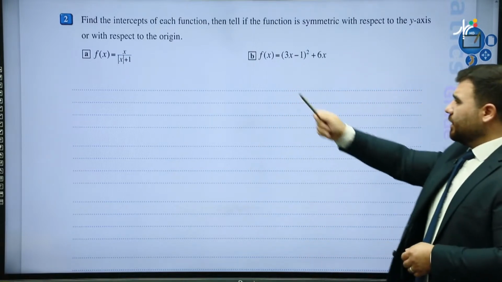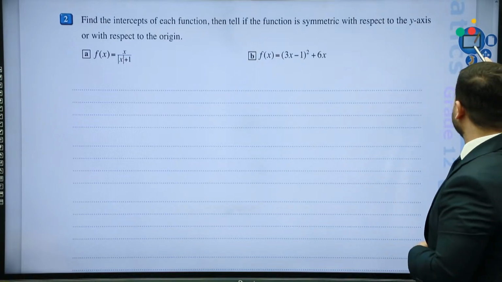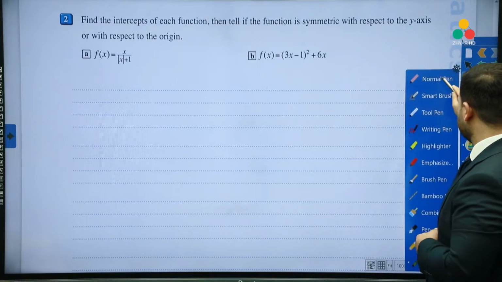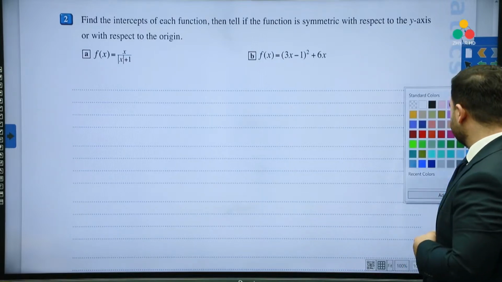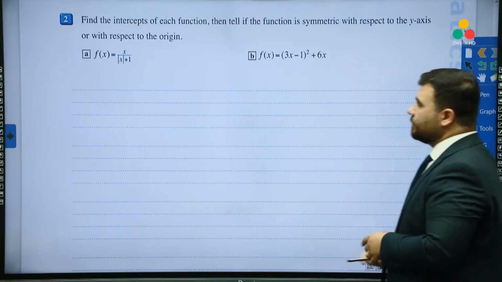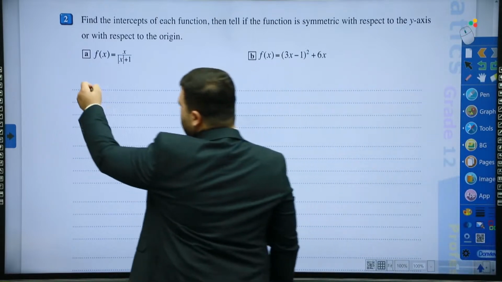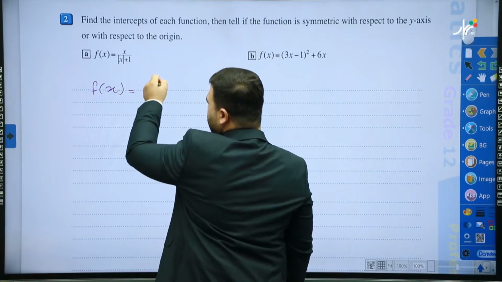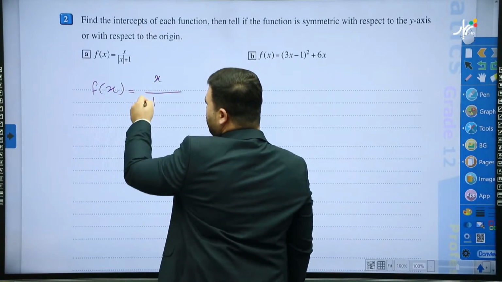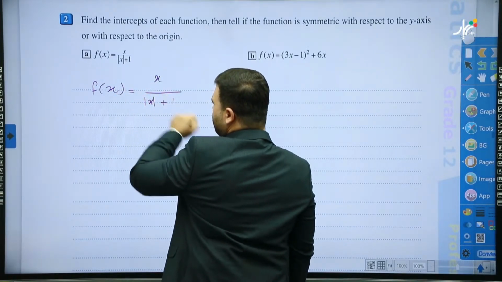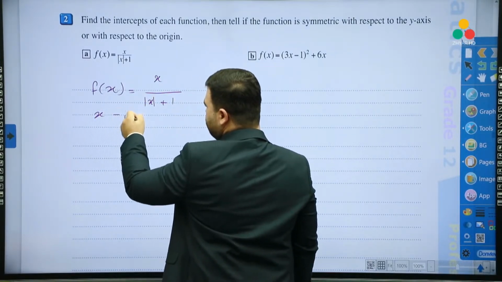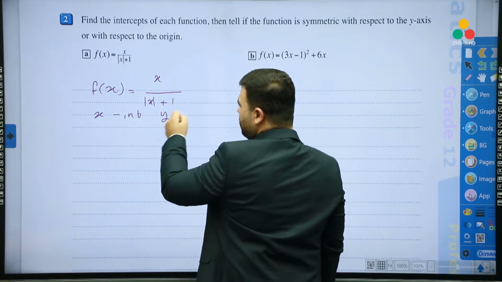Now, let's do part A. f(x) equal to x over absolute value x plus 1. Now to find the x-intercept, y should be 0.